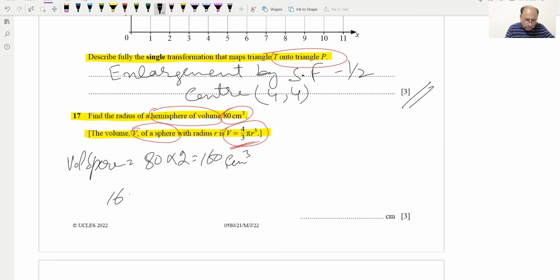With this, our equation will be 160 is equal to 4 by 3 pi r cubed.